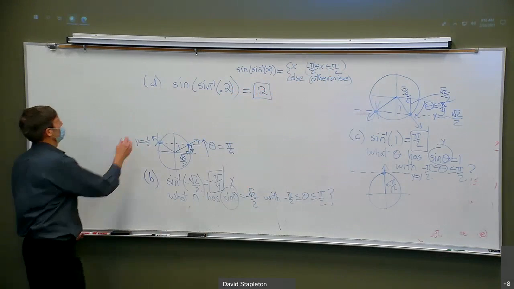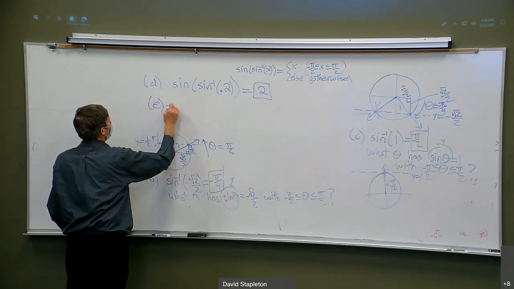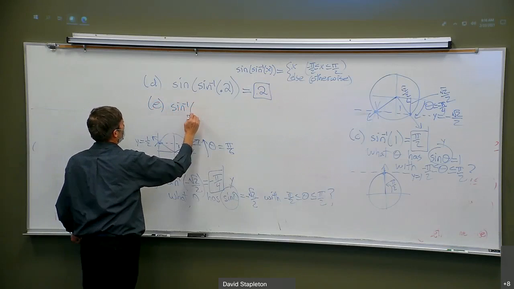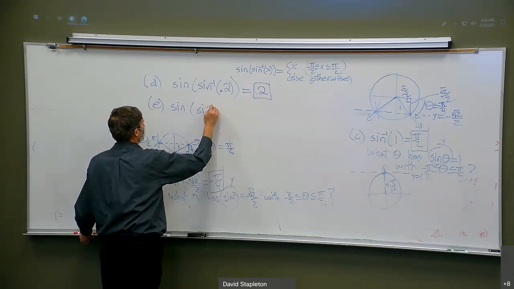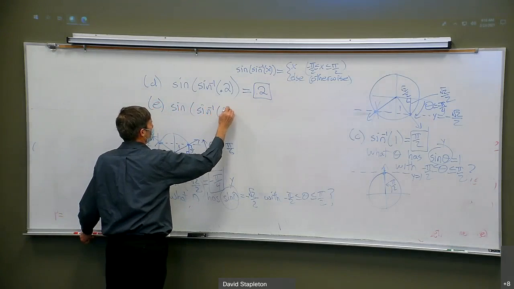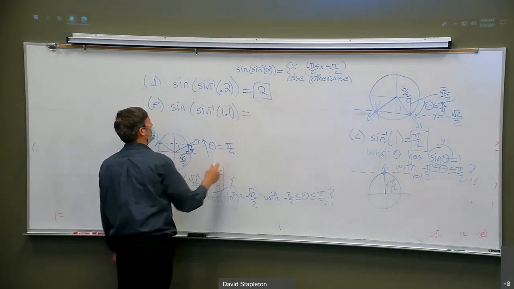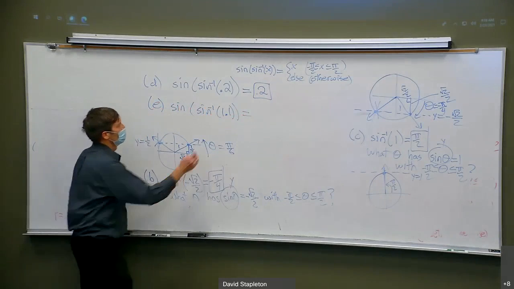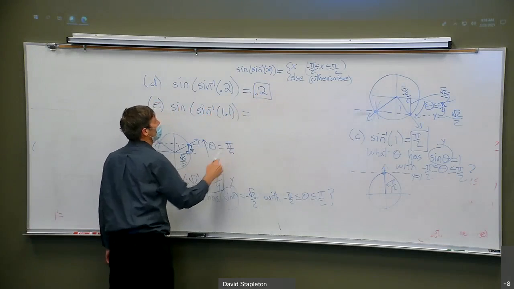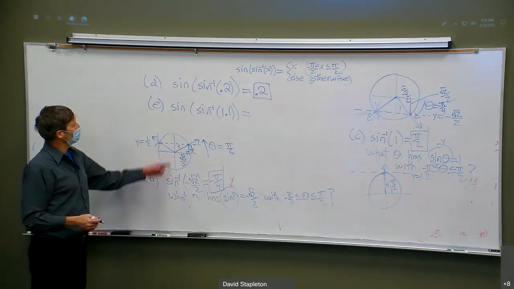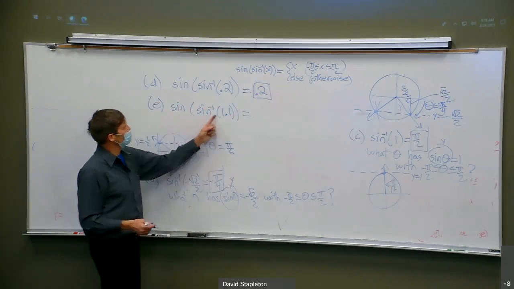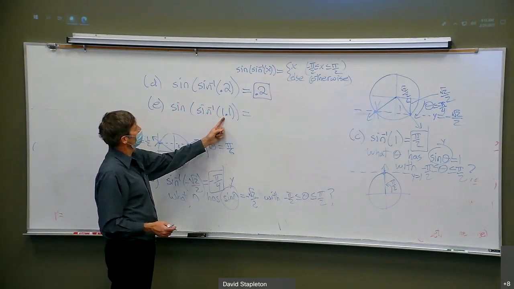How about this one? What's the sine of the arcsine of 1.1? Oh, they undo each other, right? Wait a minute.